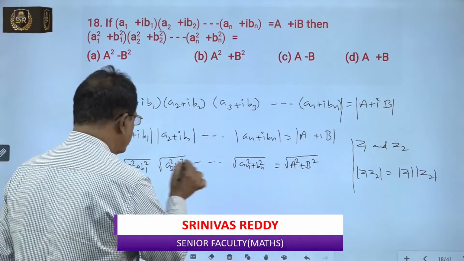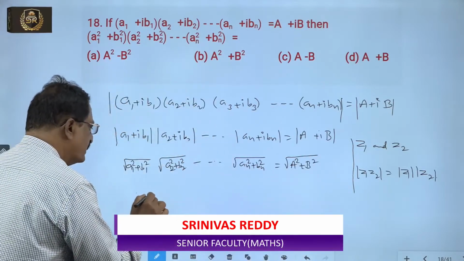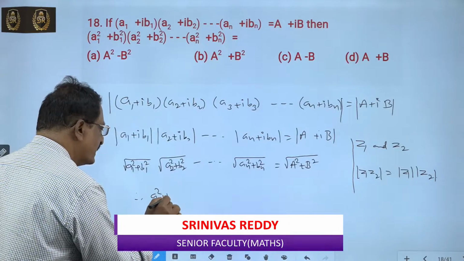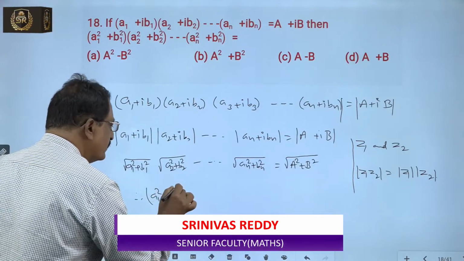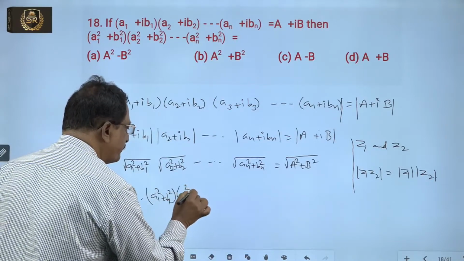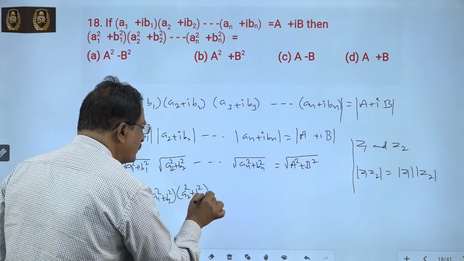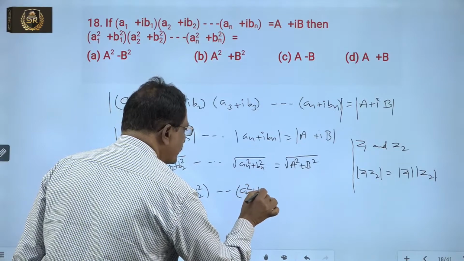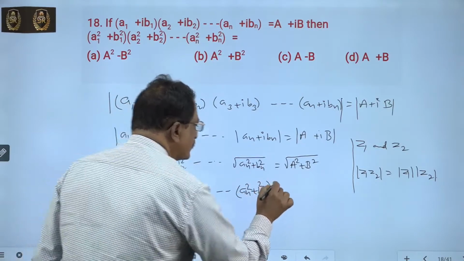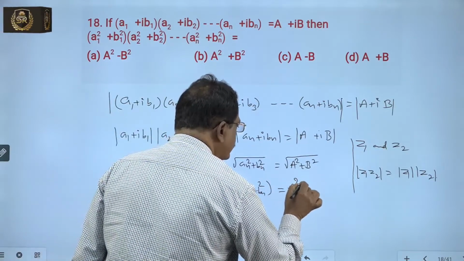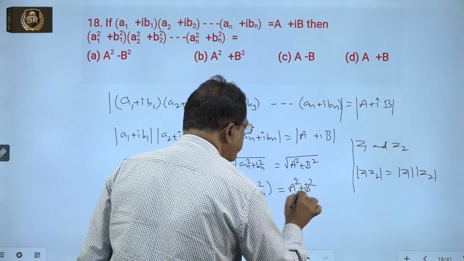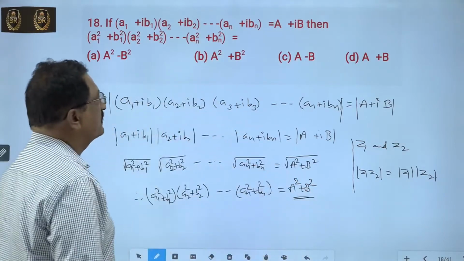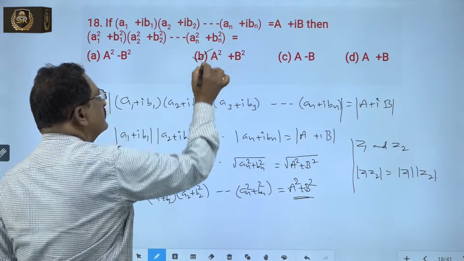Now, squaring on both sides, therefore, (a1² + b1²)(a2² + b2²) up to (an² + bn²) equals capital A² + capital B². Answer: capital A² + capital B². Now, the second option is correct.